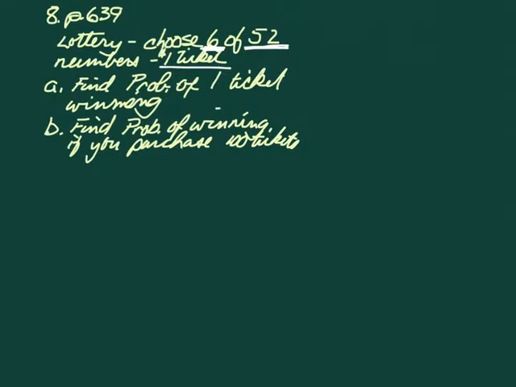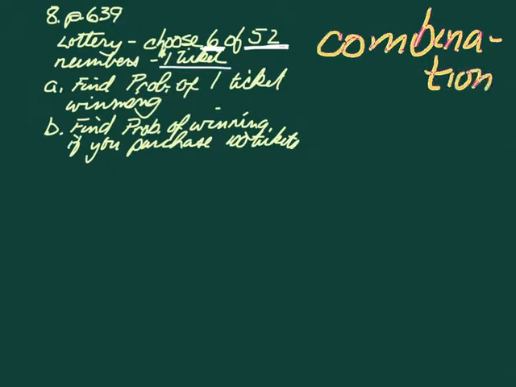So if you remember lotteries, when you choose 6 out of 52 numbers, does order matter? And you're correct, order does not matter. It doesn't matter if you get a 1, 2, 3, 4, 5, or 6, or a 6, 5, 4, 3, 2, 1. Those are the same winning numbers in that case. So order doesn't matter. So in this case, we're going to have to use combination to solve this.